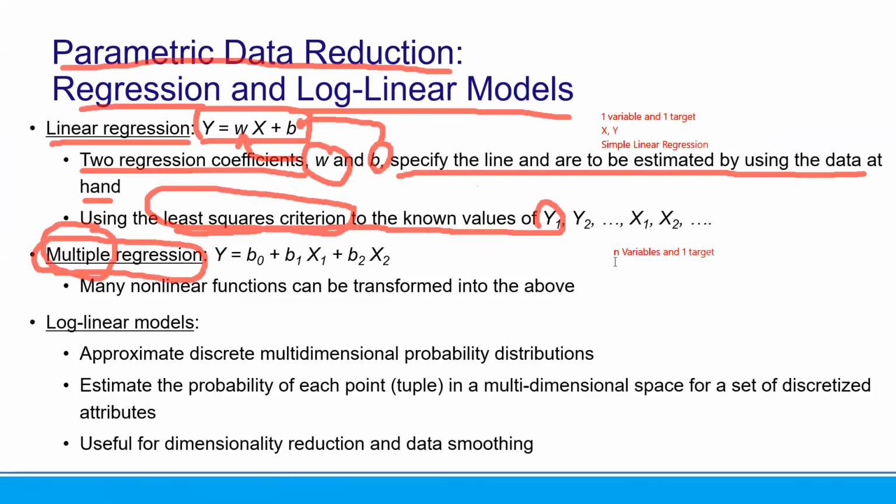We have multiple x: x1, x2, x3 until xn, and we have one target which is only y. That's why the equation is something like this: y equals b0 plus b1 multiplied by x1 plus b2 multiplied by x2.